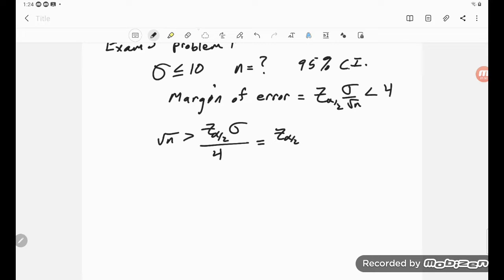Well, we know what z alpha over 2 is. It's 1.96. So that's 1.96 times 10 divided by 4. And so that's 19.6.